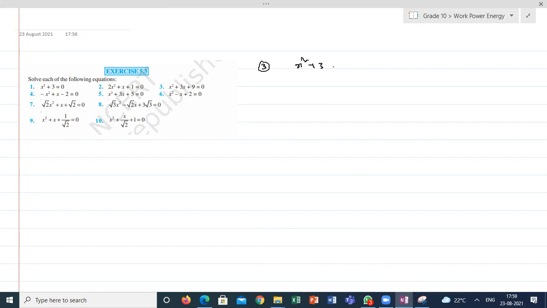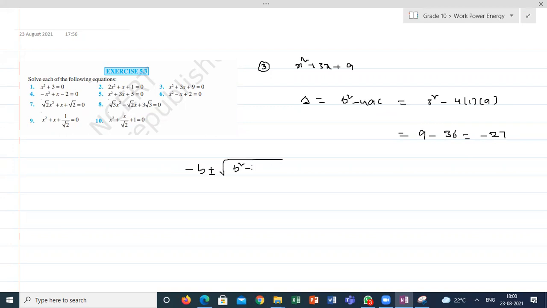So x square plus 3x plus 9. The delta is b square minus 4ac. That is 3 square minus 4 into 1 into 9. 9 minus 36. That is minus 27. So the roots are minus b plus or minus square root of b square minus 4ac by 2a. This will be minus 3 plus or minus root of minus 27 by 2 into 1.